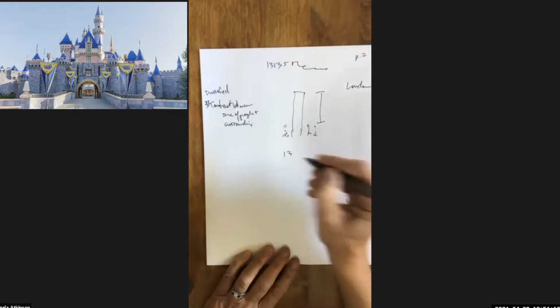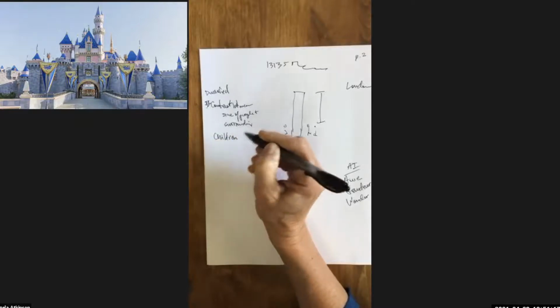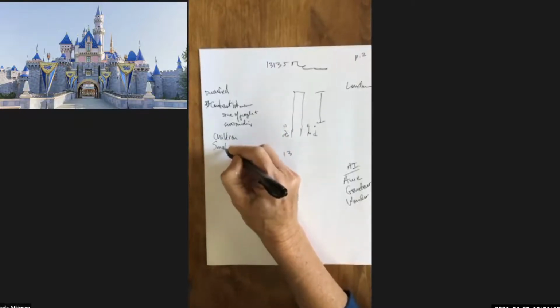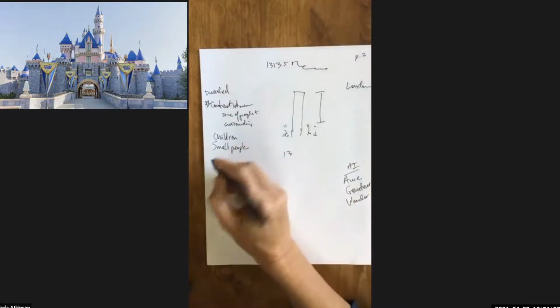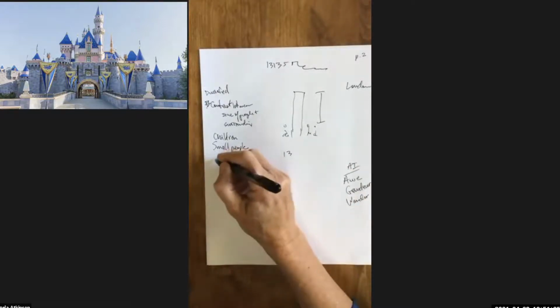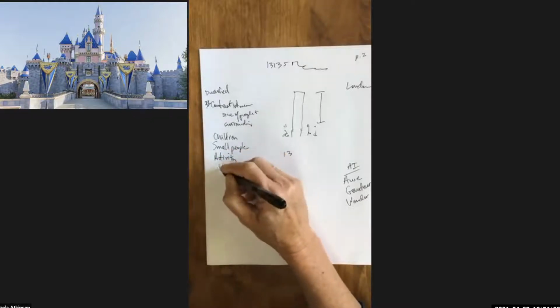You said something about children earlier. Yes. Children, small people. Activity, milling about.